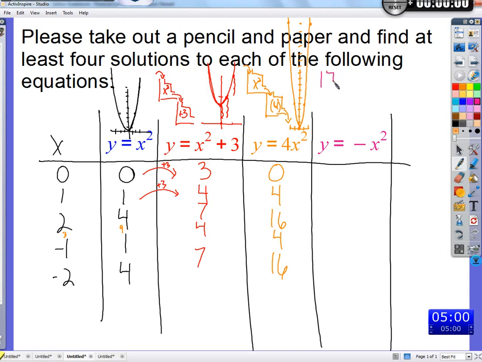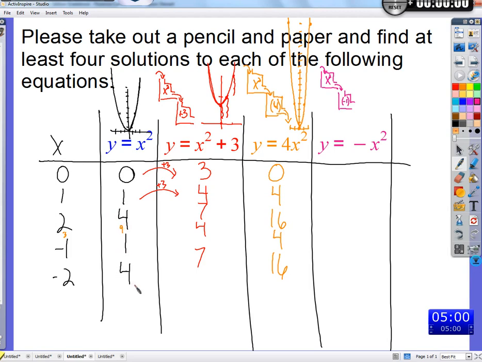Alright? This last one, same thing. It has the same output as that blue function until you take the x squared and multiply it by a -1. That makes the output negative. So up here at the x squared part of it, it's all the same. You're still going to get 0, 0, 1, 1, 2, 4, -1, 1, -2, 4.